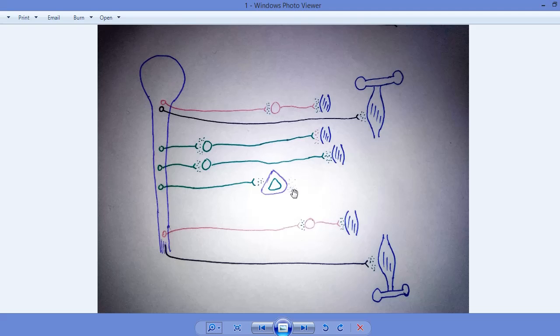The epinephrine is considered a hormone which is directly secreted into the blood. Both of these are directly secreted into the blood, but epinephrine or adrenaline is considered a hormone because it is not secreted at any junction.